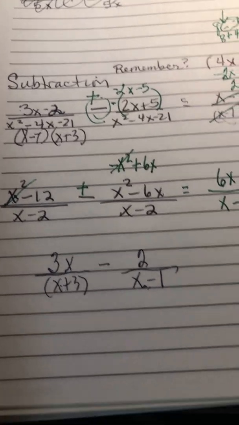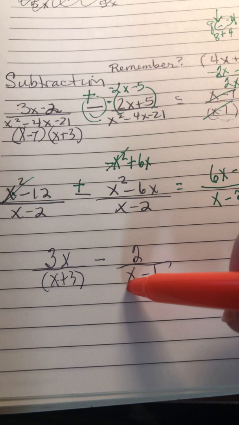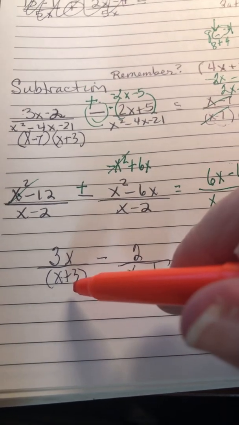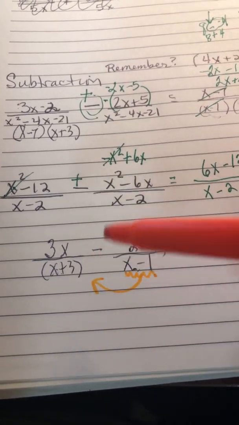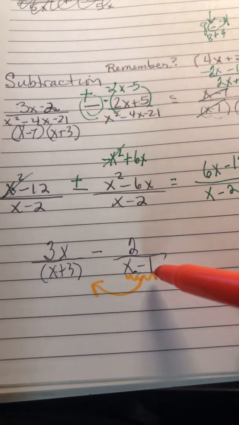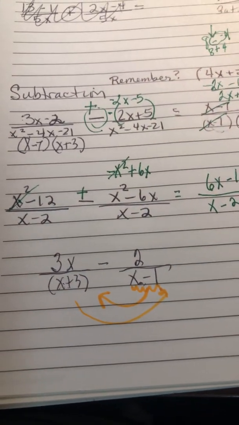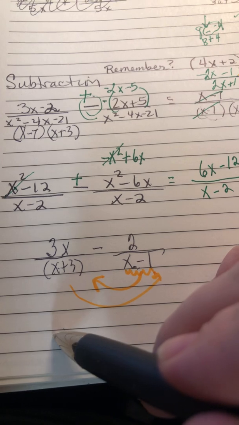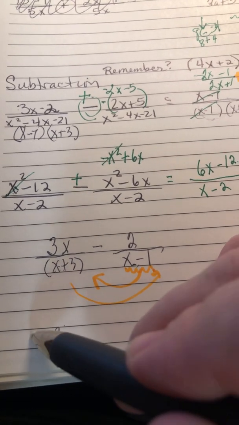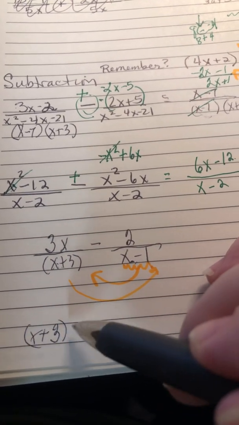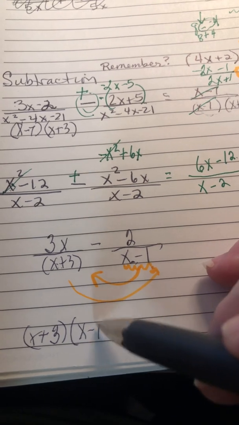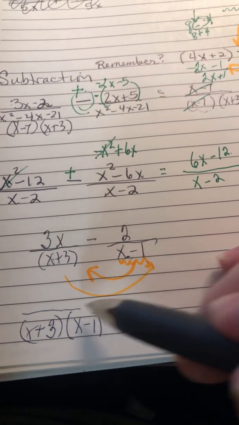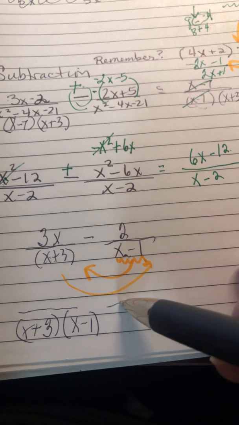Whatever this one has that this one doesn't, let's bring it over here. And whatever this one has that this one doesn't, let's bring it over here. So that the denominator is going to be the combination of them all. It's like finding the common denominator in normal fractions, where you need to find something that's common between them.